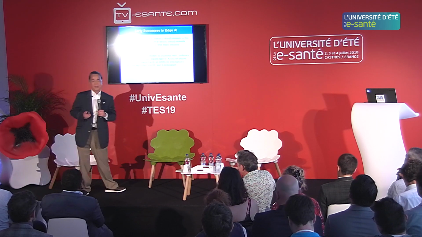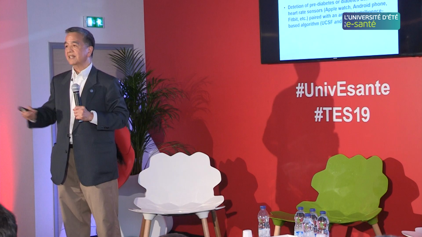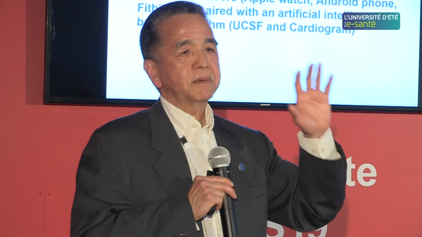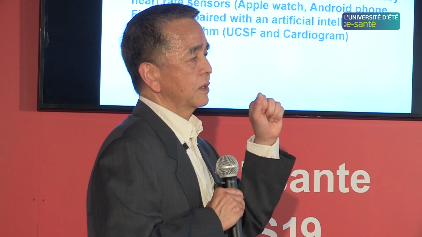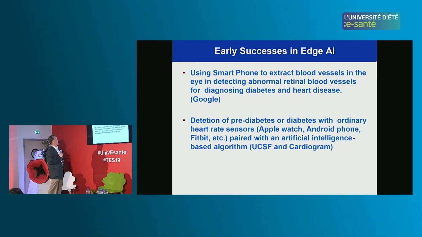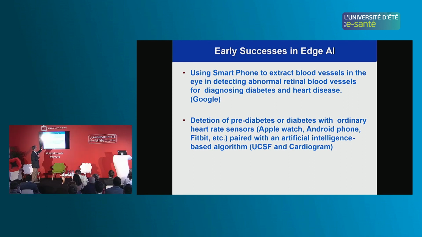So now you may ask, okay, you talk a lot about the infrastructure. Any success? Here I'm going to illustrate a few examples of how some companies have developed solutions based on consumer electronics. The first one is done by Google, using the smartphone to extract the blood vessels as a way to predict diabetes or heart disease.